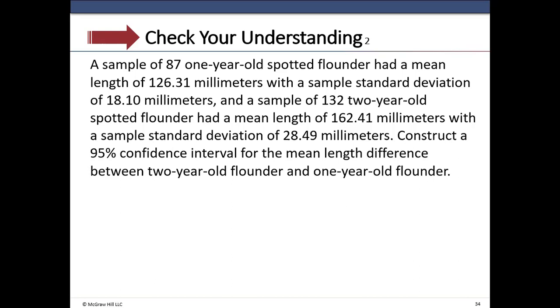And n2 is 87. Okay, it's the 1-year-old flounder. C-level is 0.95. Pooled is no. Calculate.